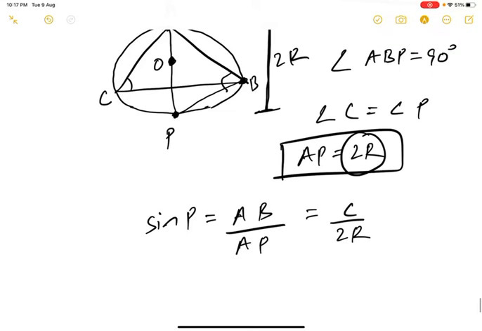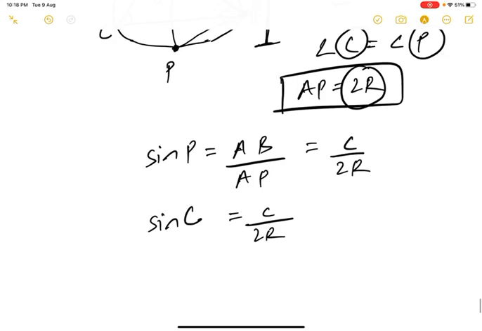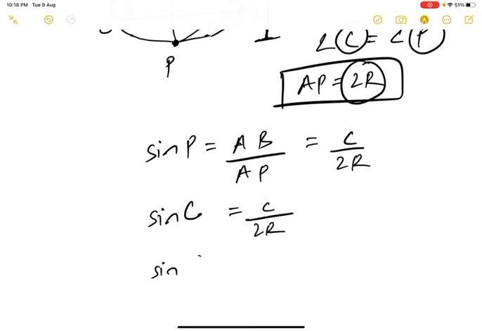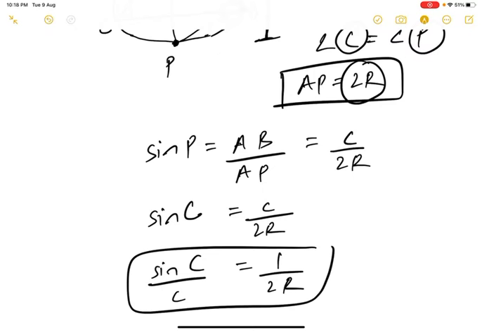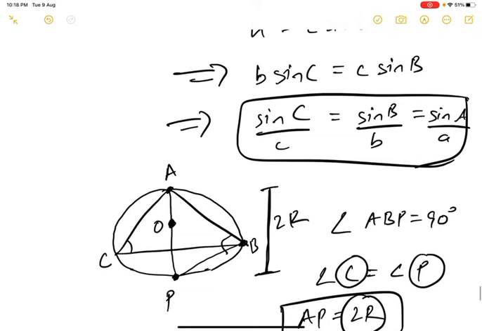And we have also written that angle P and angle C are the same. So instead of P, I can say this is C. And this is small c upon 2R. And then I get sine C upon c is 1 by 2R. But what is sine C upon c? See, we have proved over here. Sine C upon c is equal to sine B upon b is equal to sine A upon a.